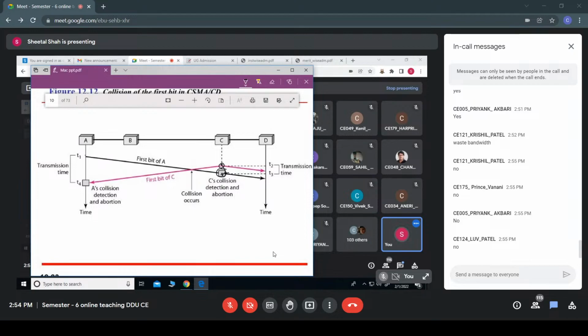So it finds that the channel is free, and it starts transmitting its frame through this channel. Somewhere in between, A's frame and C's frame both collide, and the news of this collision would reach A at time T4.